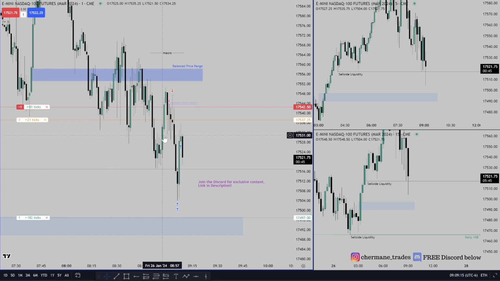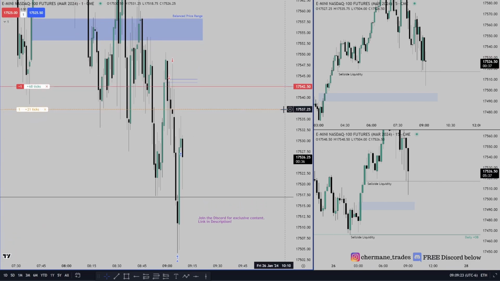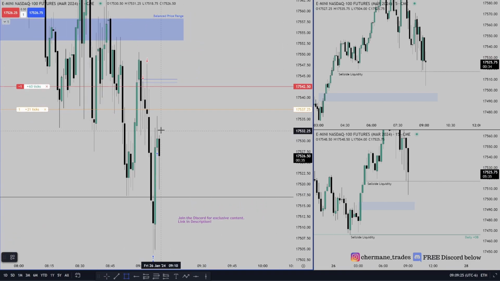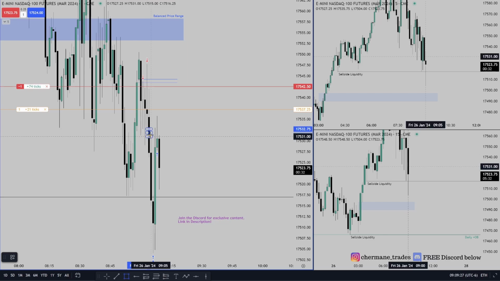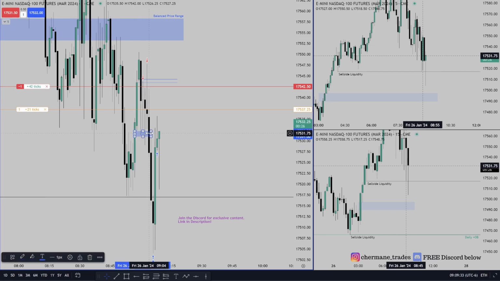Trading into this fair value gap. This is also a balanced price range. I'll go ahead and draw it out. Right there.